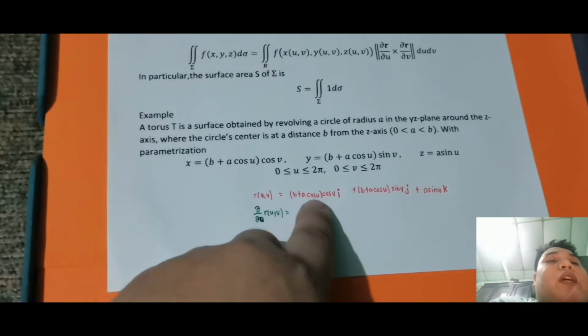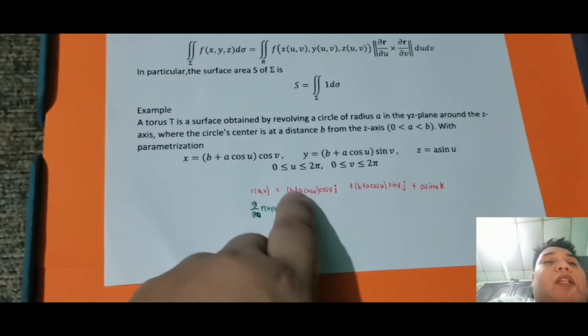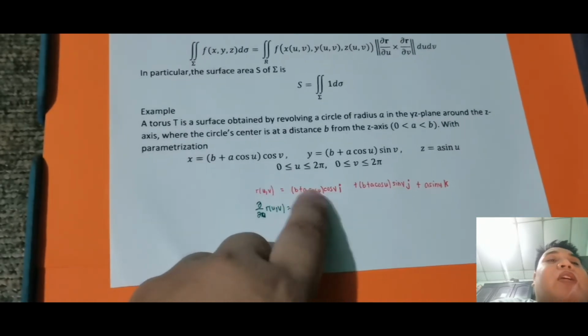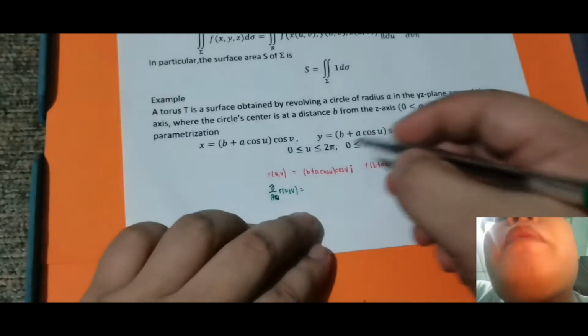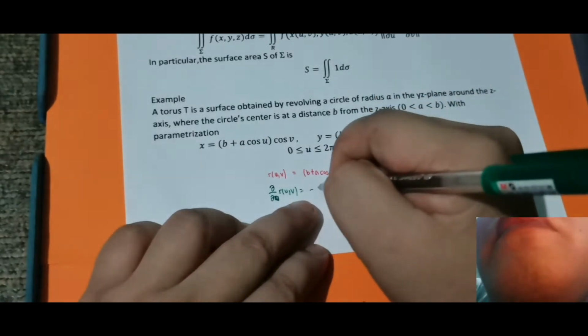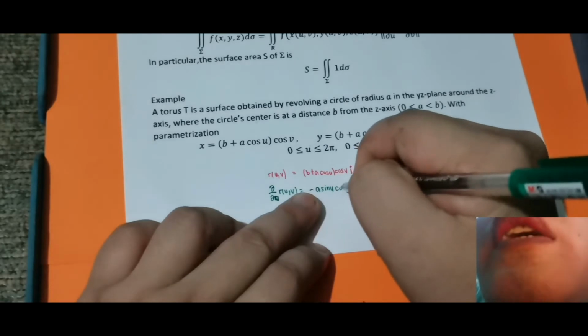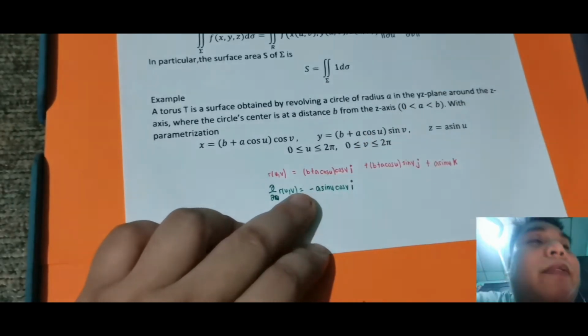Dahil with respect sa u, yung cosine u lang yung gagalaw; yung cosine b, di natin gagalawin. Derivative ng b with respect sa u is 0 kasi constant siya. Derivative ng a cosine u with respect sa u is negative a sine u. So, this is just negative a sine u, then cosine b, copy lang kasi constant siya, multiplied by i.